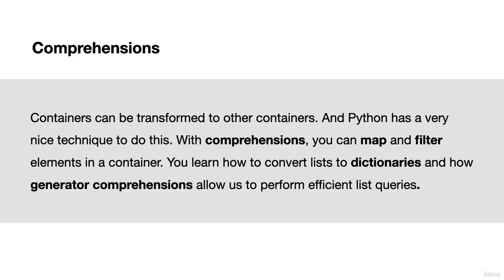Containers can be transformed to other containers. And Python has a very nice technique to do this. With Comprehensions, you can map and filter elements in a container. You learn how to convert lists to dictionaries and how generator comprehensions allow us to perform efficient list queries.